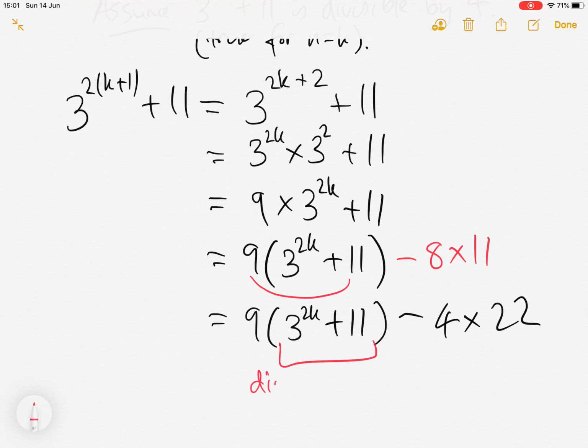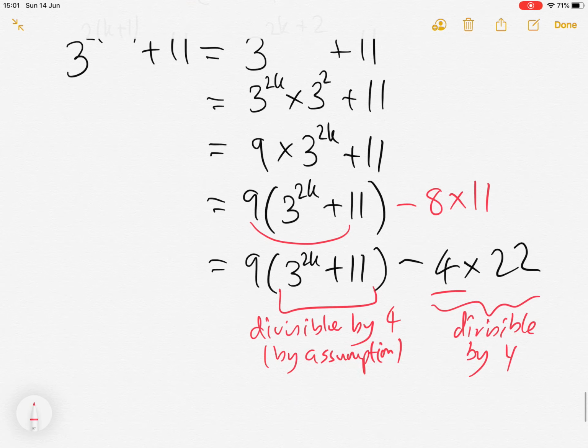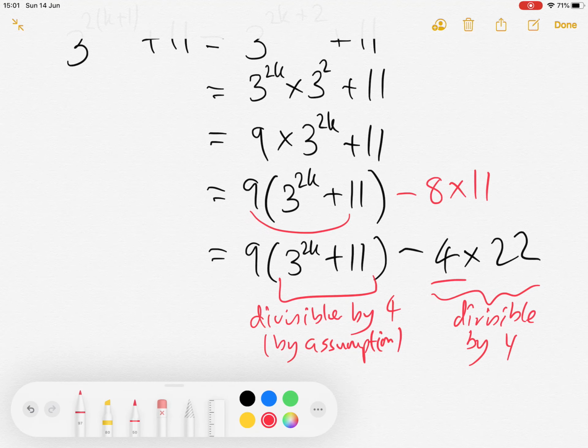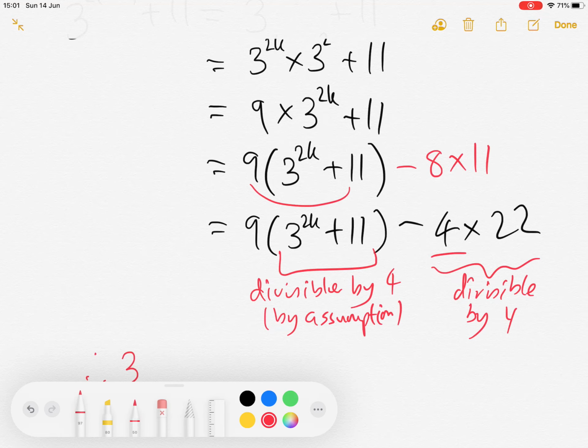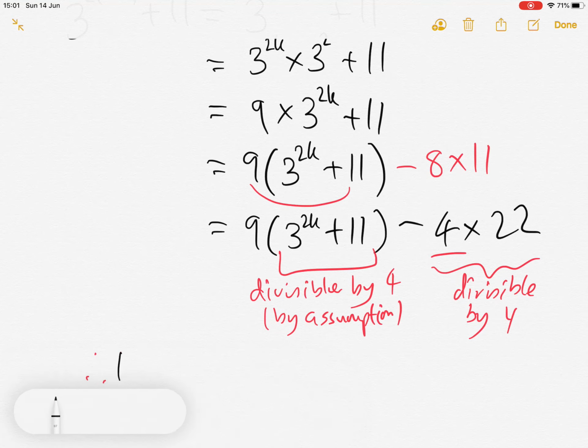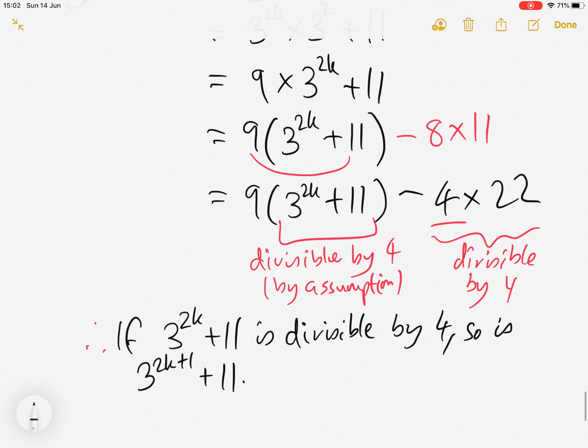So this bit here is divisible by 4 by the assumption. And this bit here has a factor of 4, so this is also divisible by 4. If we subtract two things that are divisible by 4, it's still divisible by 4. So therefore, the whole thing, let's say, if 3 to the 2k plus 11 is divisible by 4, so is 3 to the 2k plus 1 plus 11.